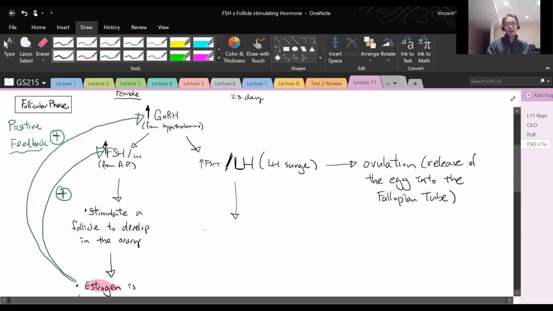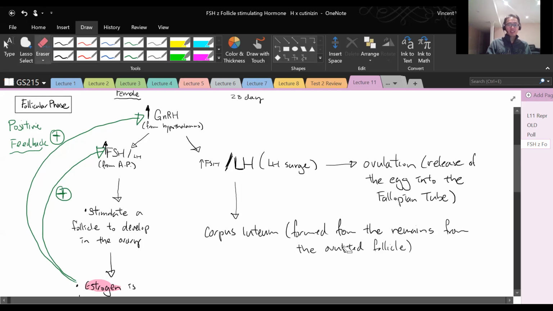And then what happens after ovulation is the corpus luteum will form. The corpus luteum forms from the remains of the ovulated follicle.